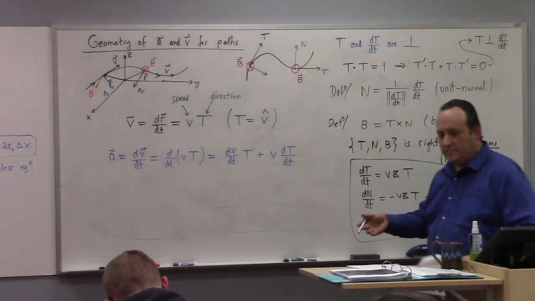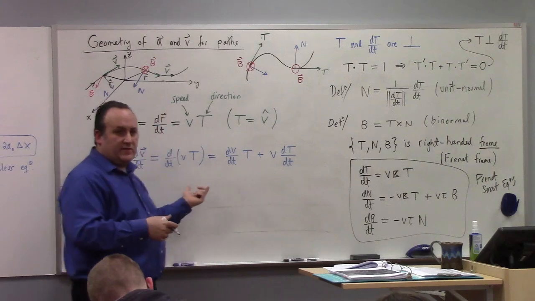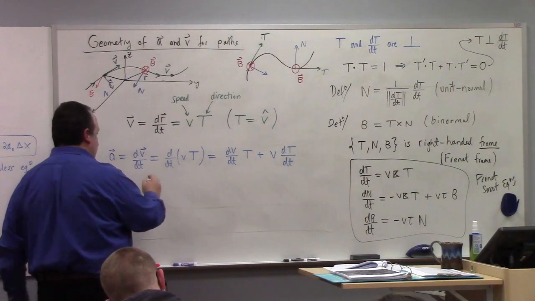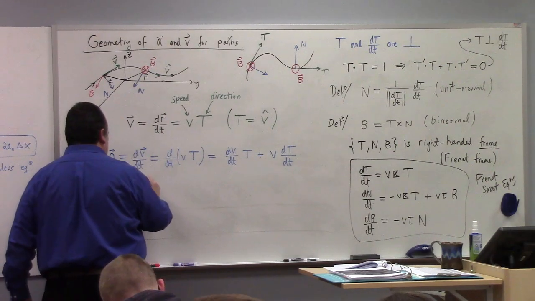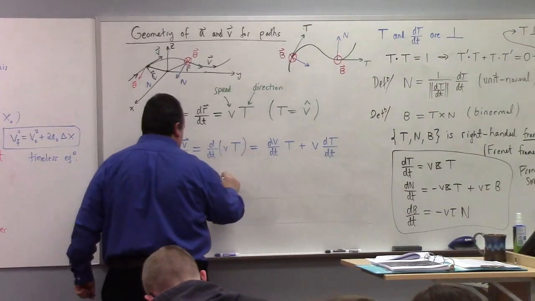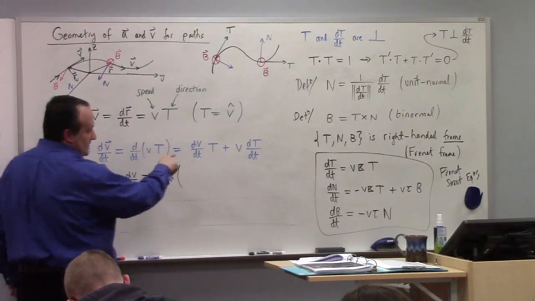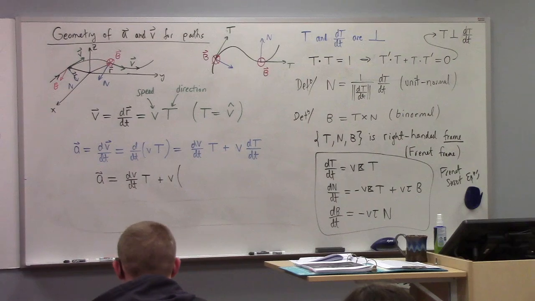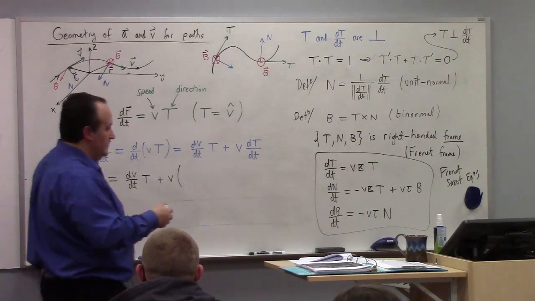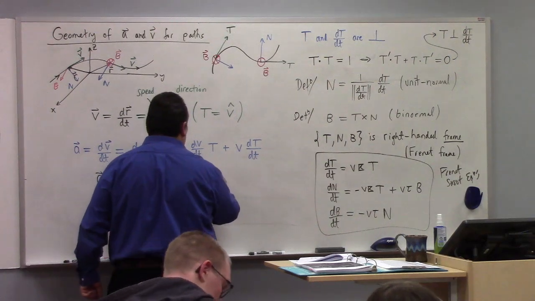So if you look back at my formula for acceleration, let's take another look at it. It says acceleration is equal to dv/dt times T, plus v times dT/dt. What's dT/dt? According to the Frenet-Serret equations, it is equal to v kappa times N. Now I'll tell you what that is.